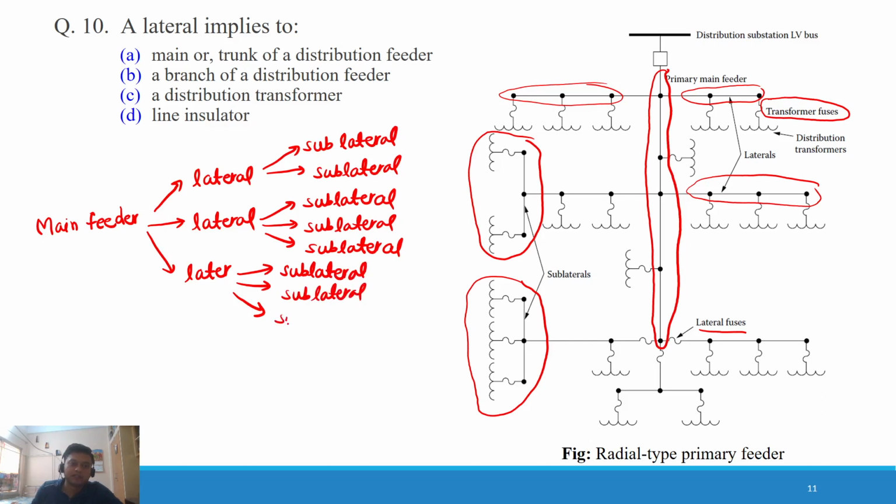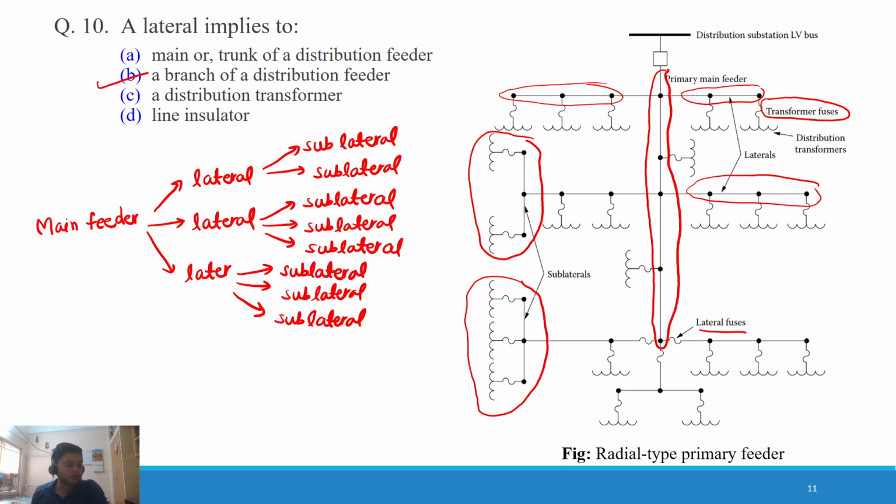And a distribution transformer can take power from any one of them. It may be connected to the main feeder, to a lateral, or to a sublateral. So this is the answer for problem number 4. The correct option for this question is a branch of a distribution feeder.